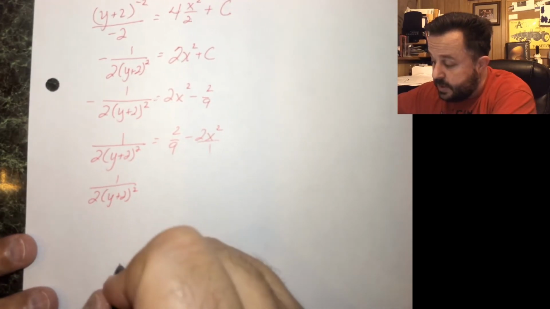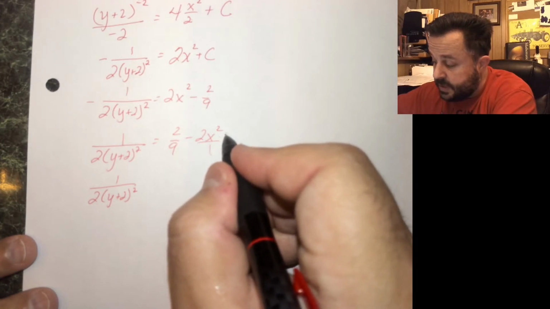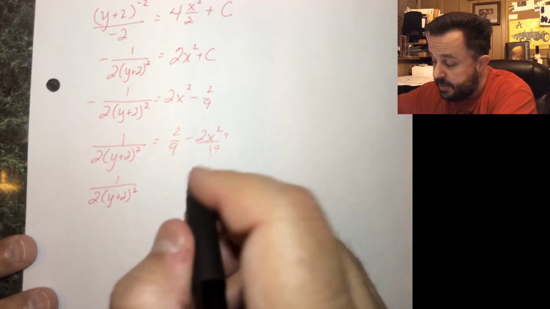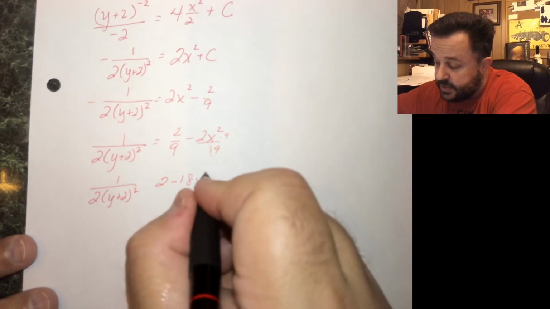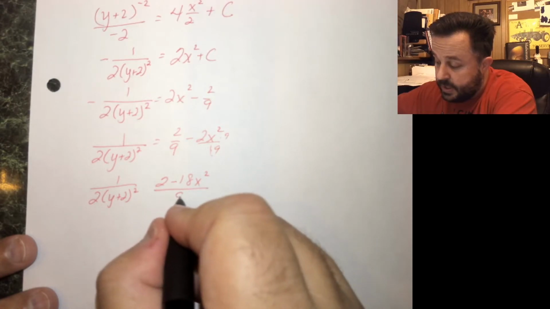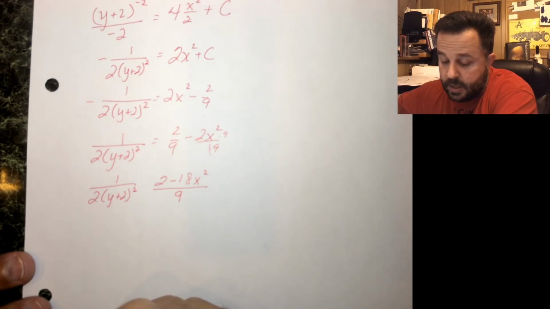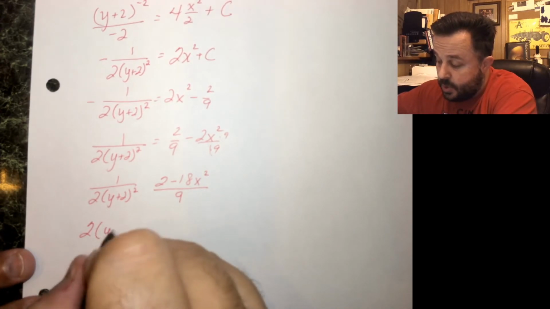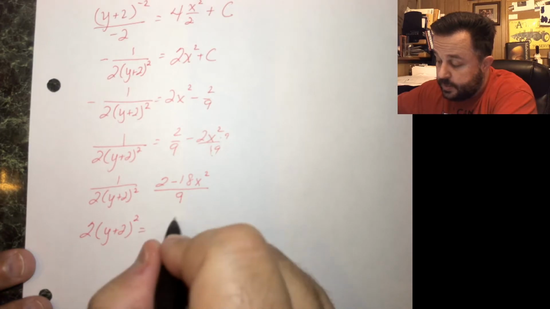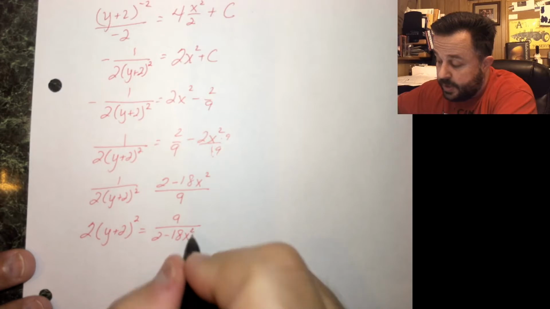Put this over 1, so we can multiply the top and bottom by 9 to get a common denominator. So I have 2 minus 18x squared over 9. Now we can flip both sides. So I get 2 times (y + 2) squared is equal to 9 over 2 minus 18x squared.